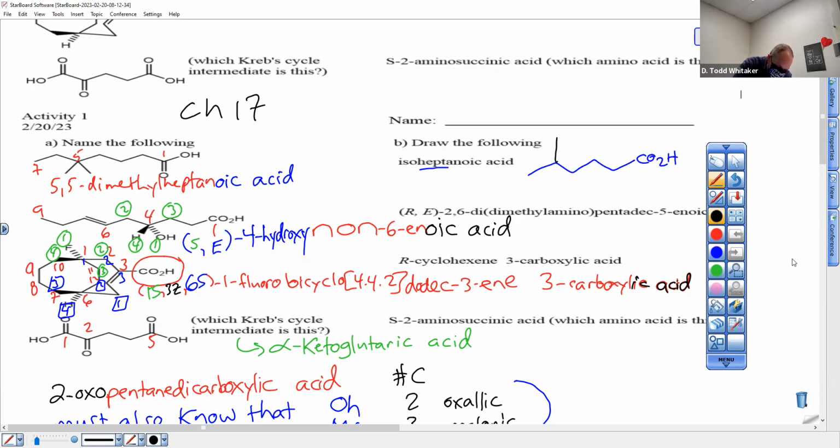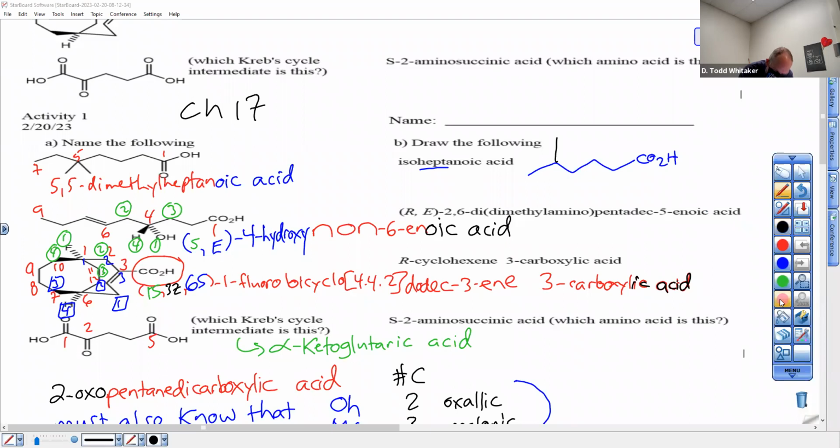Next one, I'm doing a little heads up, but I kind of started the heads up on your test, I think. That's a group. I think you could draw that group without knowing amine nomenclature. It's an amine, so it's a nitrogen, right? And what else does the nitrogen have on it?